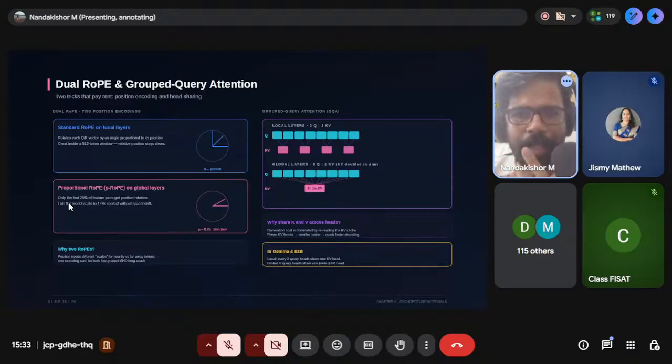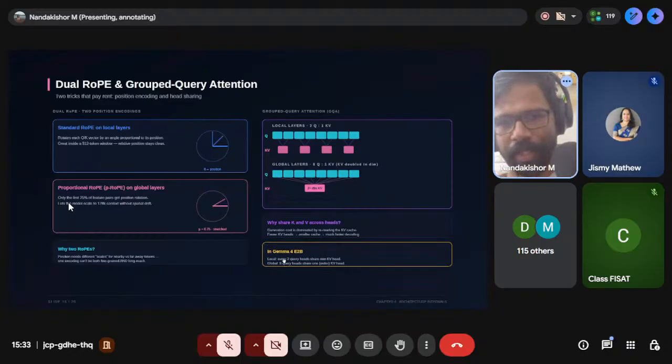That's where the global layers come into the equation. Group query attention combines these together.